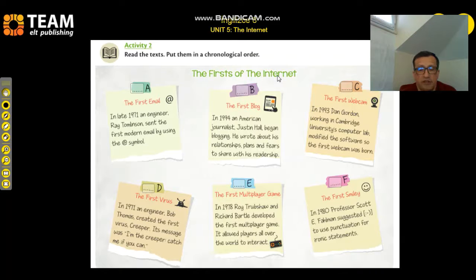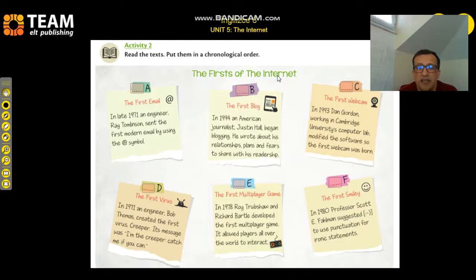Adı Creeper. Creep, çocuklar, you know, creep means sürünmek, and creeper means sürüngen. And its message was, I am the creeper. Ben bir sürüngenim. Catch me if you can. Eğer yakalayabilirsen beni yakala.